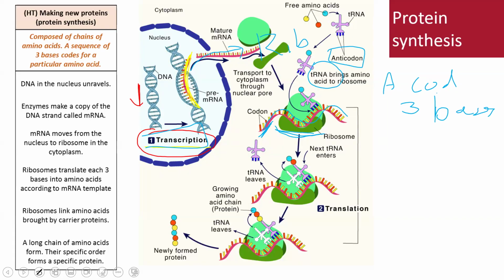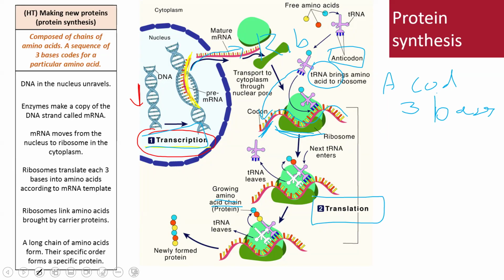So those 3 anticodons link up to the codon. Then the mRNA moves its way along, and as it moves along, it produces an amino acid chain, and the tRNA entering the mRNA is called translation.